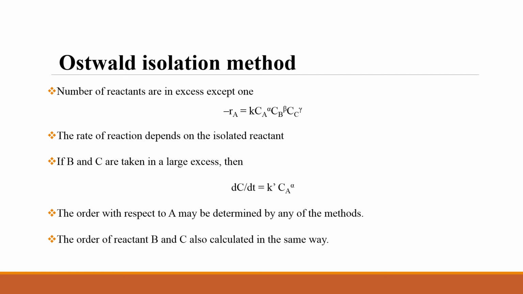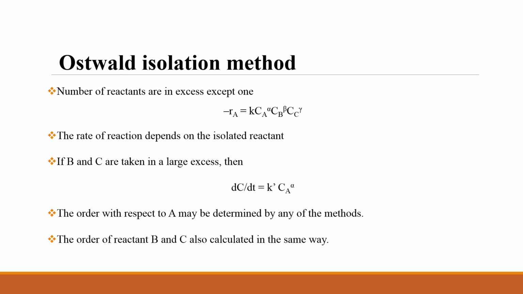For example, if we assume B and C are present in large excess, then reactant A is called as isolated reactant. Then the rate of reaction depends on this isolated reactant. Further, the rate equation reduces to minus rA equal to k dash CA power alpha, where alpha is order of reaction with respect to A.